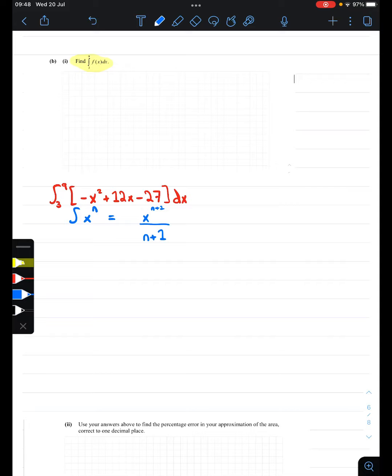So if we use this, and integrate one step at a time, let's first integrate this part. Then we get minus x to the 2 becomes x to the 2 plus 1, 3, over 2 plus 1 is 3.